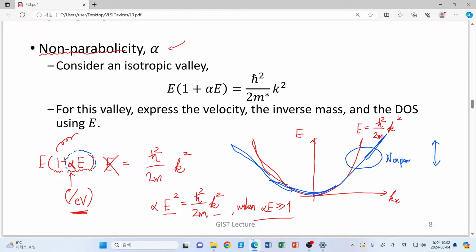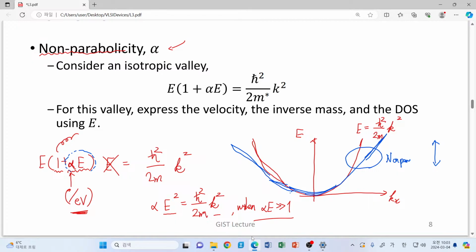However, in reality, even in the case of a silicon conduction band, this non-parabolicity is, unfortunately, not negligible. It has a serious impact on your transport, and when you perform a calculation with and without non-parabolicity, there is a considerable, noticeable difference between the two calculations. So that's the reason why this is practically important.